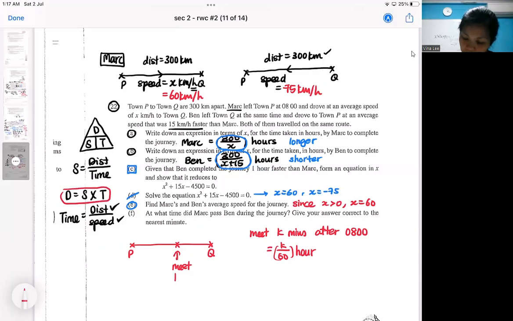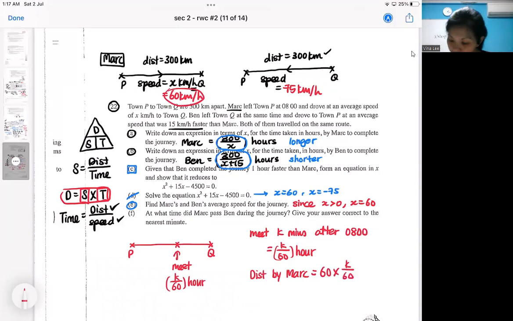So they meet K over 60 hours. So what is the distance traveled by Mark? It will be the speed times time. So it will be 60 times the time, which is K kilometer.